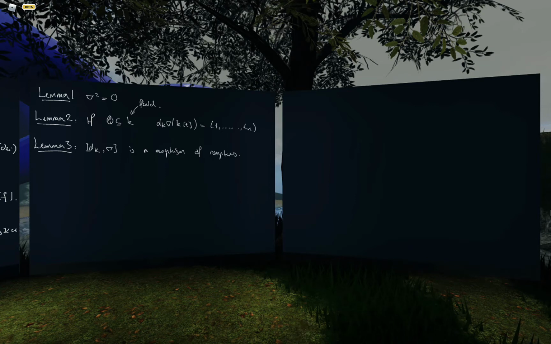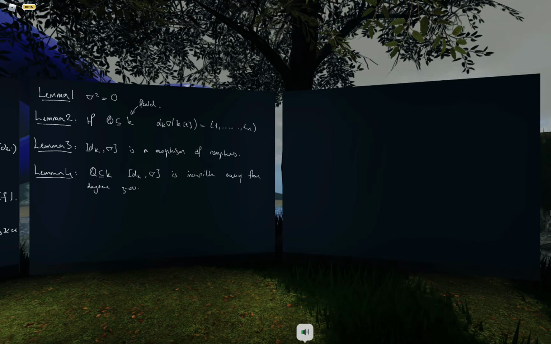And then finally, again, if K is a field of characteristic 0, then this commutator is invertible away from degree 0. And so invertible as a map of modules.